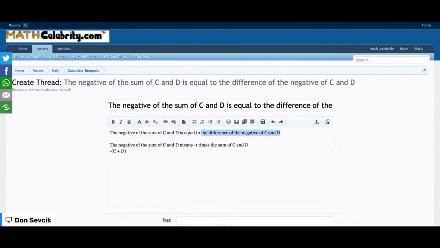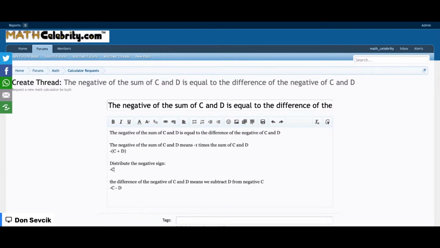Now, the difference of the negative C and D means we subtract D from negative C, negative C minus D. Okay, is this true? Well, this one is already simplified. This, in fact, we should do it up here. Distribute the negative sign.